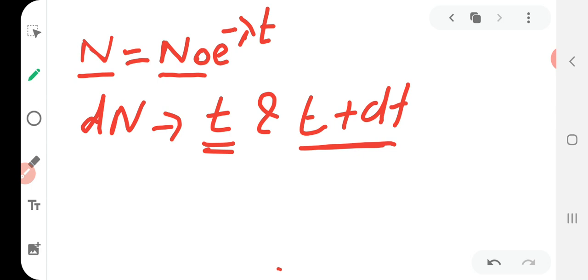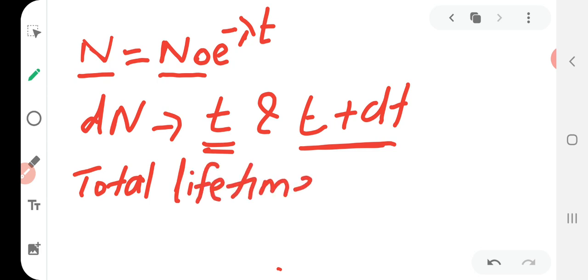That is, the total lifetime will be the sum of these. Since this is very small, we are taking the integral of t dN.